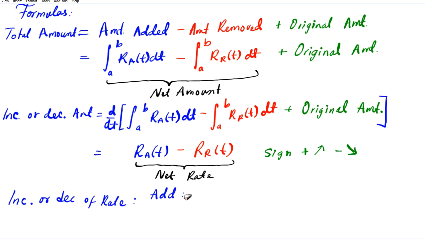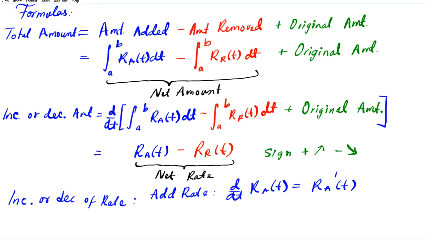To know if the add rate is increasing or decreasing, guess what we're going to do? We're simply going to differentiate the add rate. Okay, and then that can be expressed as r rate of addition prime with respect to time. Okay, so the derivative of the add rate function can tell you if the rate of addition is increasing or decreasing.